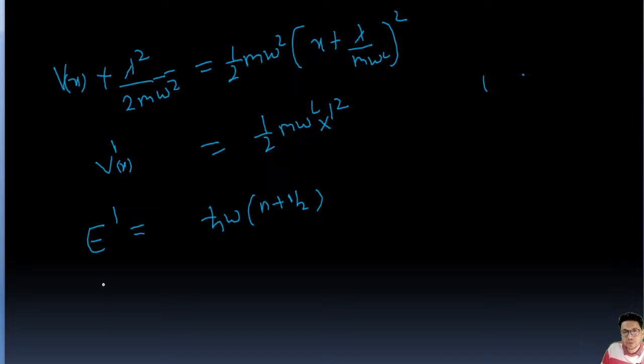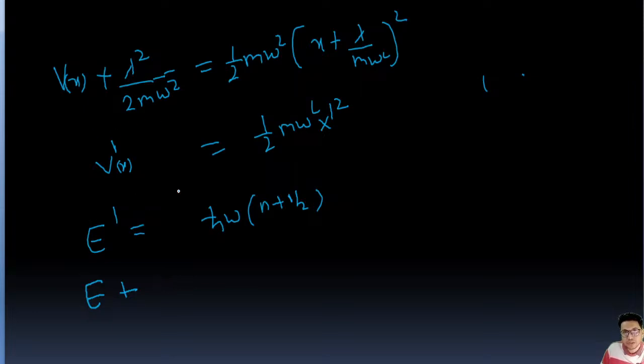E dash is going to be E plus this V dash. So this is going to be h cut omega. Here we'll put the value. So V dash is this. So this is going to be ground state energy E plus this value.